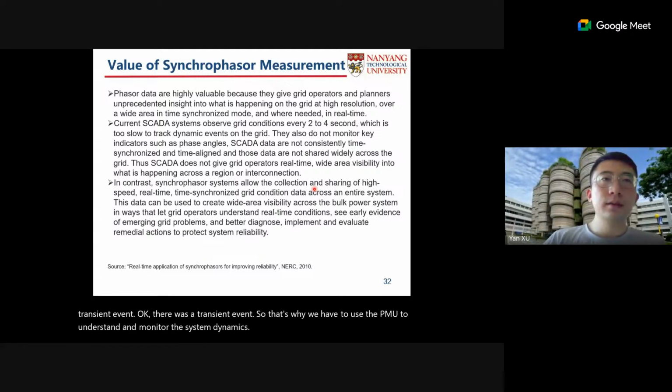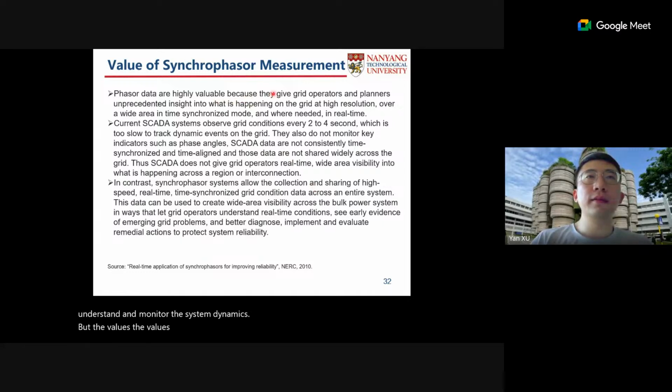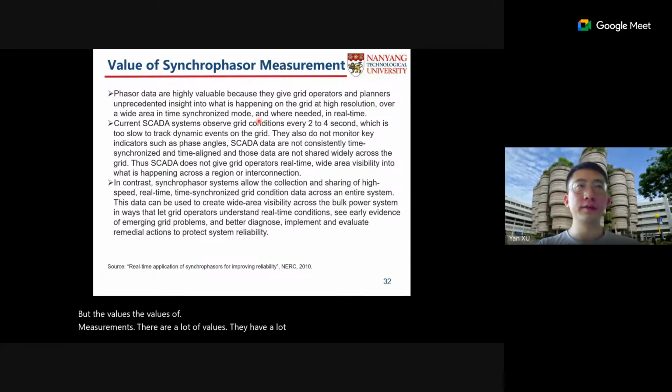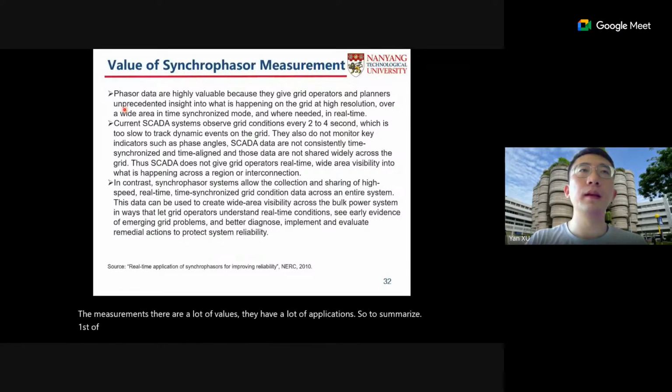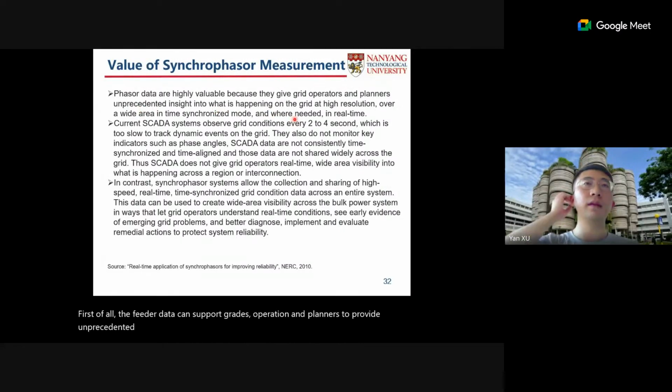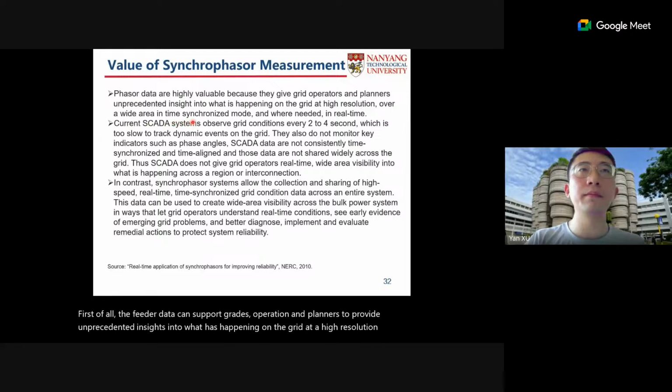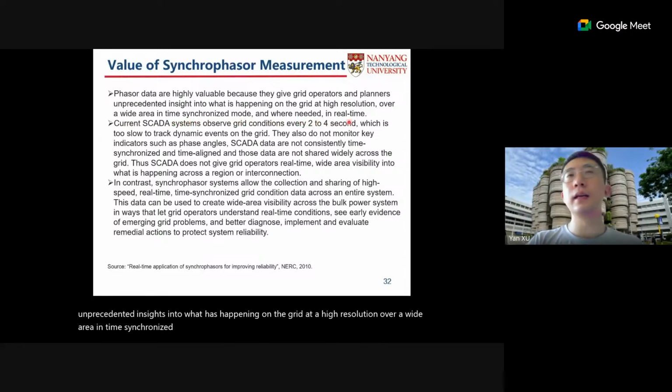Now, synchrophasor measurements have a lot of values and a lot of applications. To summarize, first of all, the phasor data can support grid operators and planners, providing unprecedented insights into what is happening on the grid at a high resolution over a wide area in time-synchronized mode and in real time.